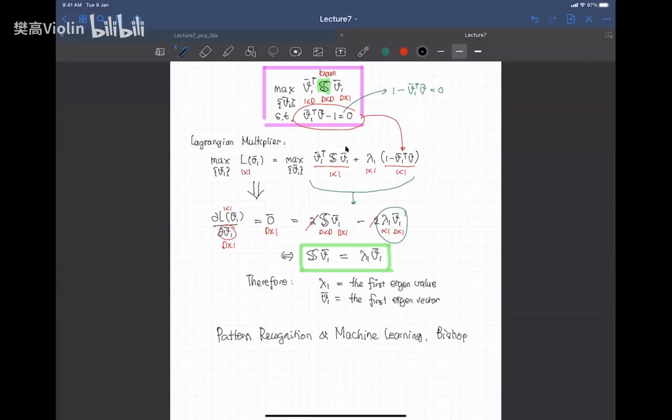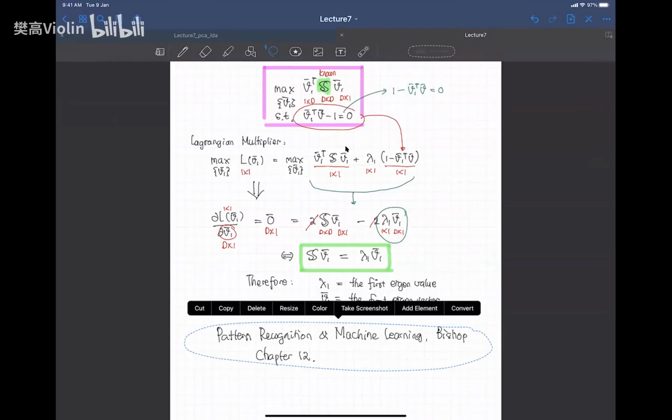And the discussion that we have is actually chapter 12. Okay, any questions? Any other questions before we move on?